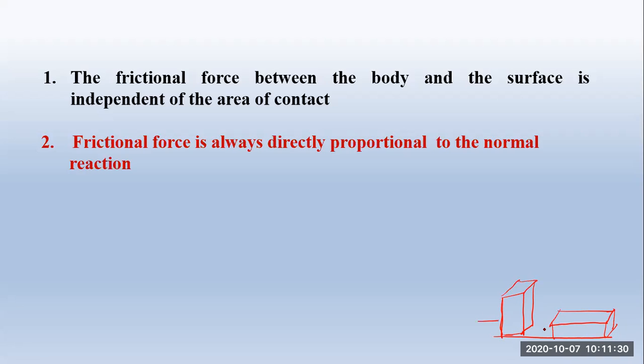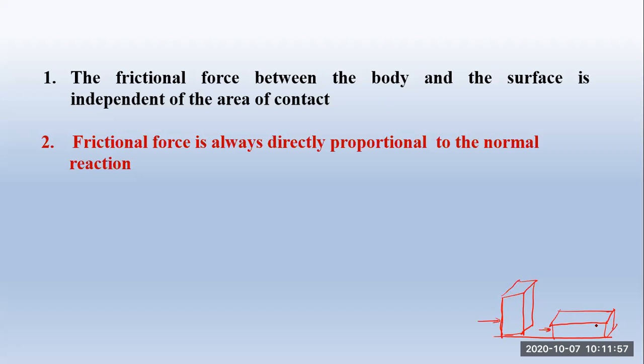If you try to push both the objects, the friction developed in these two cases is not going to be different. They are going to be same. So the area of contact is not the deciding factor here. That is what is said in the first statement: the friction force is independent of area of contact. In whatever orientation you keep, that is not an important thing.